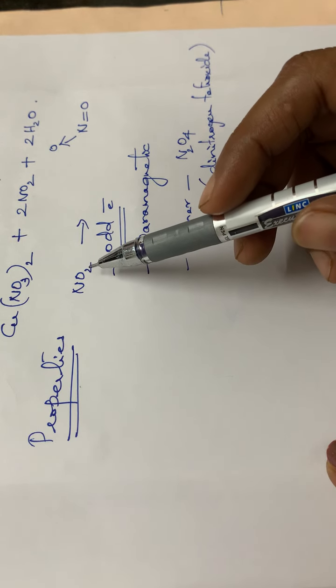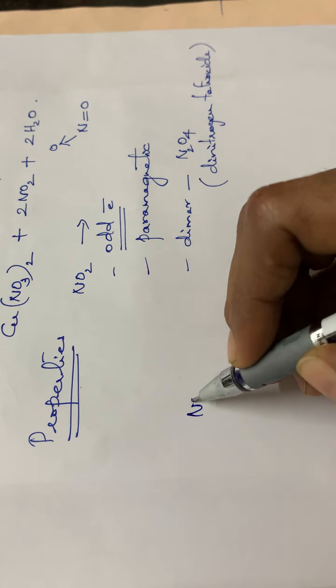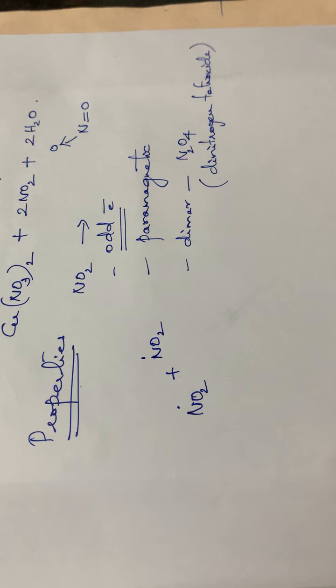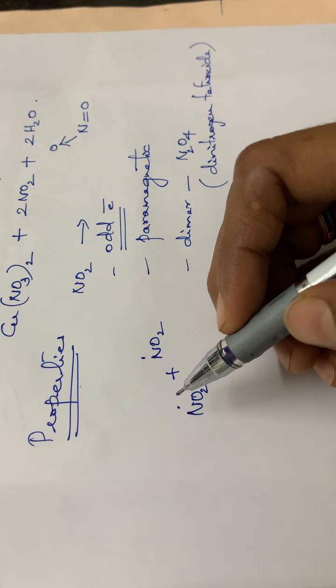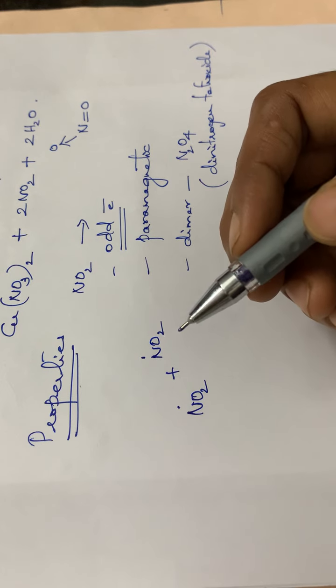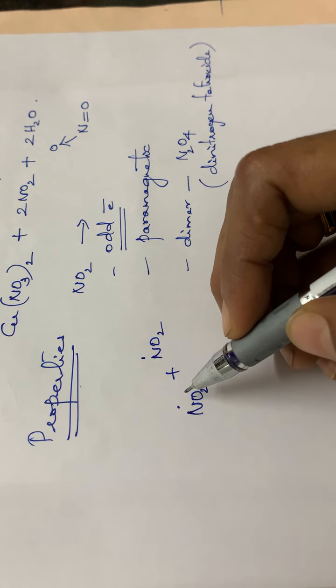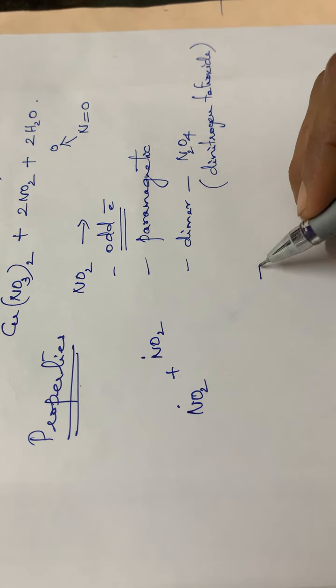Each NO2 molecule has an odd electron. So when one NO2 with an odd electron combines with another NO2 having an odd electron, what happens? These 2 electrons become paired, or there will be a partial bonding. So there is no odd electron. So what about this N2O4?